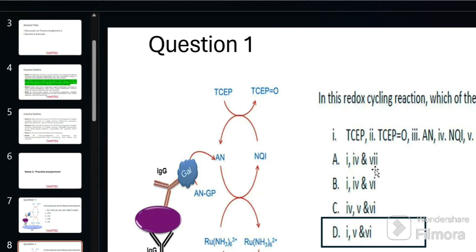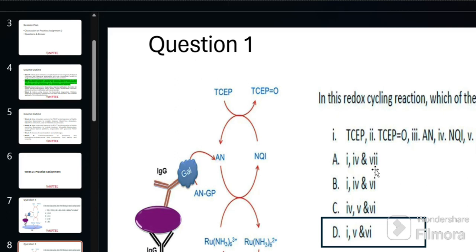Here, regarding the starting materials, you have to understand that the first starting material is TCEP, because that is giving away electrons and then going into its oxidized state. Then the second is gold nanoparticles, AuNP.